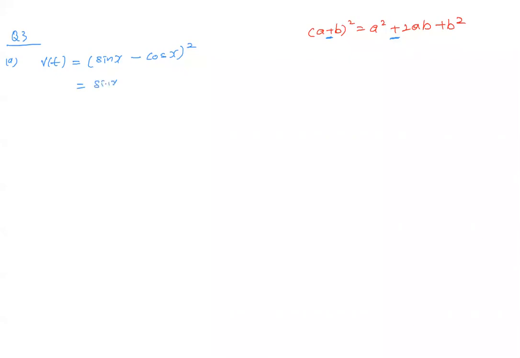Sin x square minus 2 sin x cos x plus cos x, the whole thing square. So this plus this, what do you get?